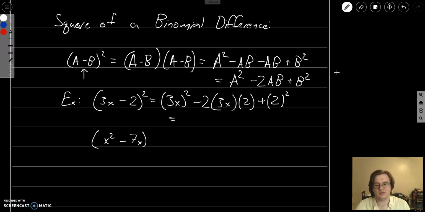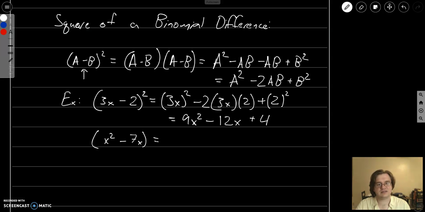And again, we can simplify. 3x squared will be 9 times x squared. Here I have minus 2 times 3x times 2. So I have one minus sign that won't go away. But 2 times 3 times 2. 2 times 3 is 6, times 2 is 12. Plus 2 squared, which is 4.